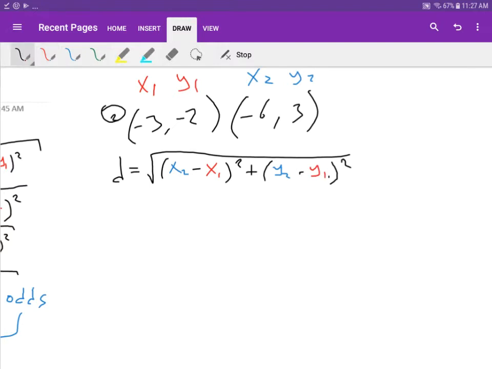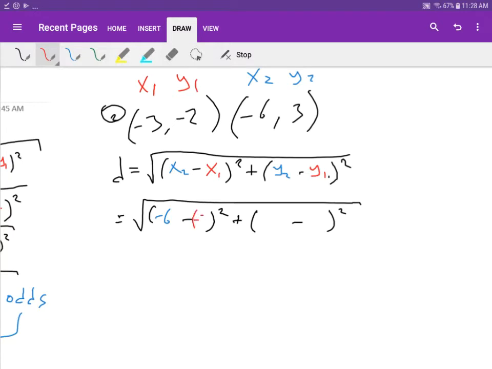This is where my color coding helps out a little bit, and it's a little bit harder if you're not able to do that. Okay, so X2 is -6. X1 is -3. So, y'all, this is where it gets a little bit tricky. When you have a negative in here, add a parentheses and have that negative in there. Y2 is 3. Y1 is -2.